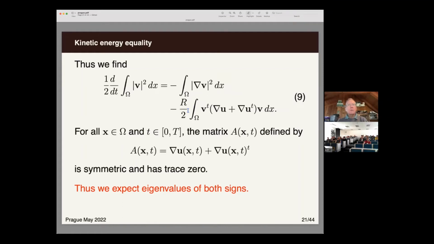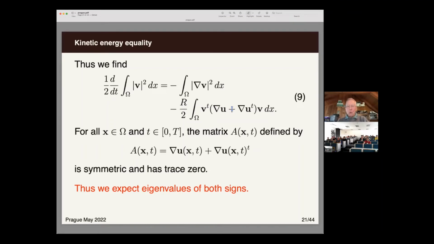I apologize. I've divided out by nu, and I've got the Reynolds number here. So my apologies. What this means is that the perturbation's kinetic energy will grow if the expression on the right is positive. Well, this one's always negative, but this could be of any sign. So this could be bigger than this.